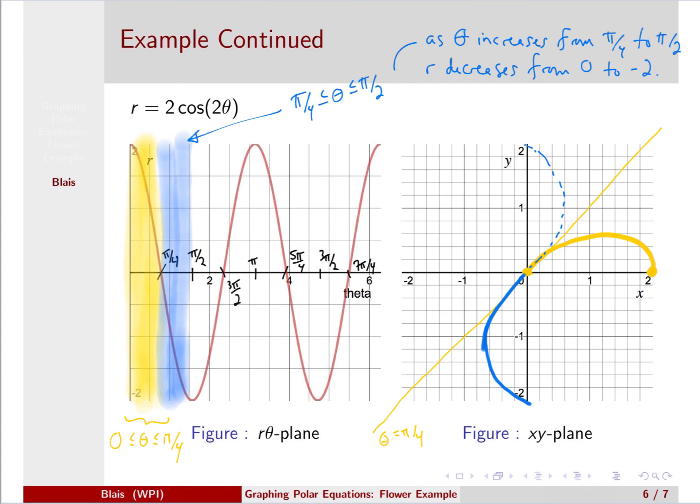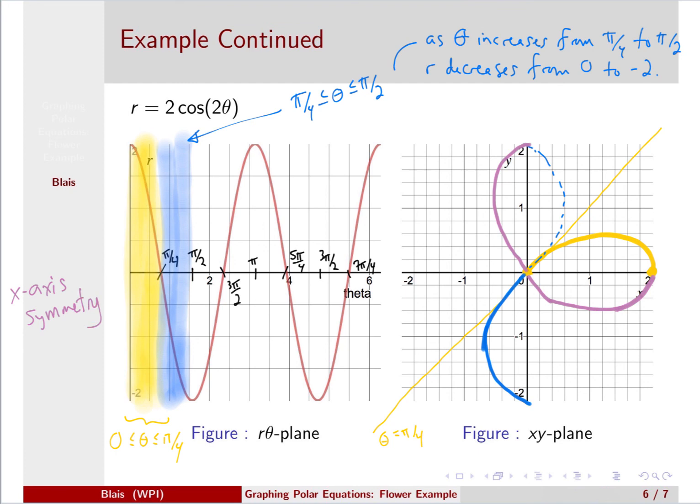X-axis symmetry means we can take this piece here and reflect about the x-axis. We can also reflect this piece down here in the third quadrant about the x-axis. And so that lavender color, again, is coming from x-axis symmetry.